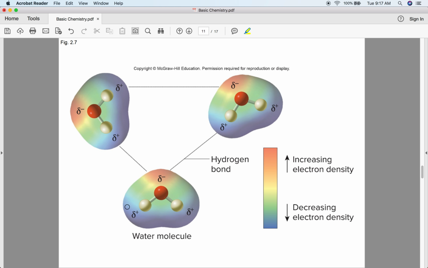All right, now, because water is polar, we've got these charges. Here are my positive charges, looking at this molecule in the top left, and over here on the right, we've got this negative charge. So we've got a positive charge with the hydrogens in my water molecule on the left, and a negative charge with the oxygen. Well, we can form a weak attraction between those partial charges.